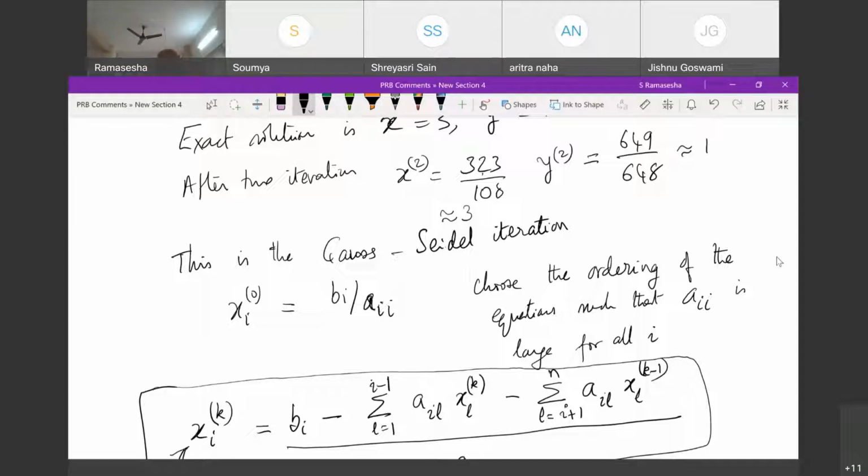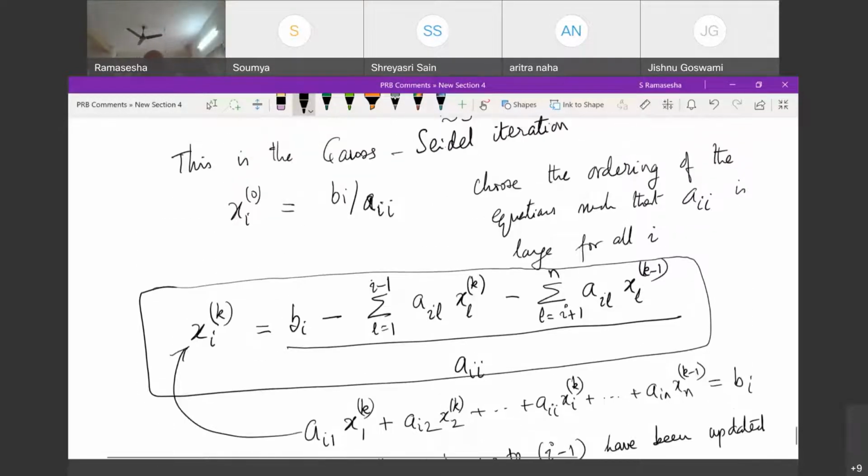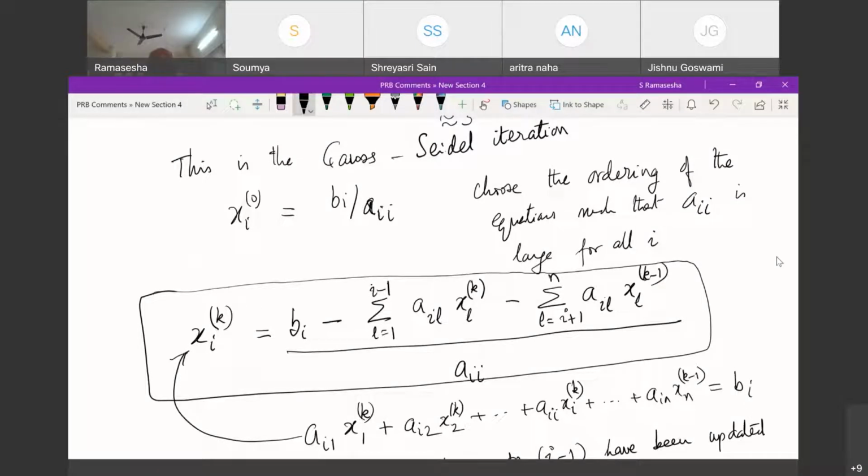And in this, basically what you are doing is resubstituting the latest values of the x_l in an iteration to calculate the diagonal element x_i^k. The procedure was very simple. x_i^k is b_i minus the left hand side except the a_ii times x_i^k.